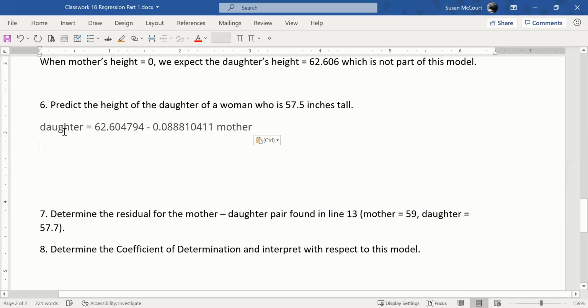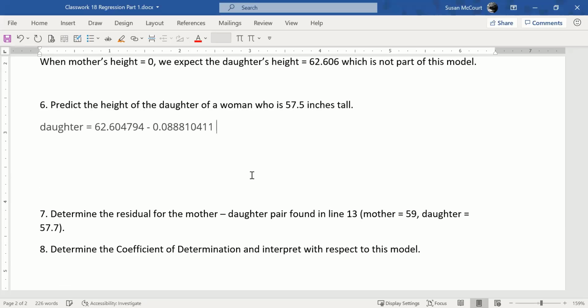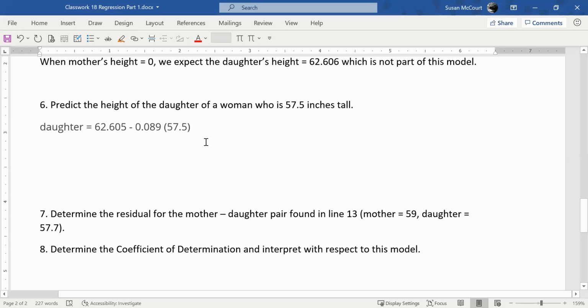So we put it here, and instead of mother, we substitute the number 57.5. Now, to make it simpler, I'm going to round these numbers to 0.089 and 62.605.